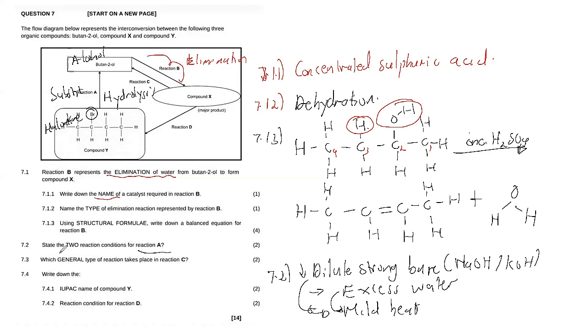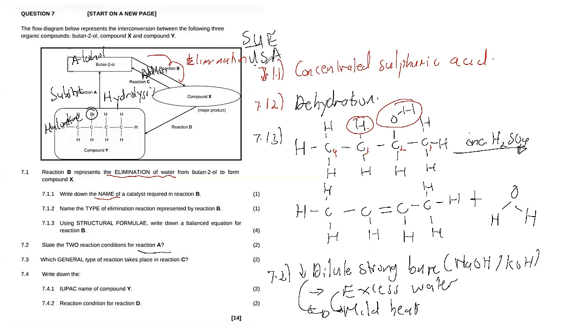Now 7.3 says which general type of reaction takes place in reaction C. Let's look at reaction C. Note the arrow at reaction C. It's from compound X here all the way to butan-2-ol. But if we say that reaction B is elimination, we know that the reverse of an elimination reaction has to be an addition reaction. Because look at this, from saturated to unsaturated is elimination, but from unsaturated to saturated is addition.